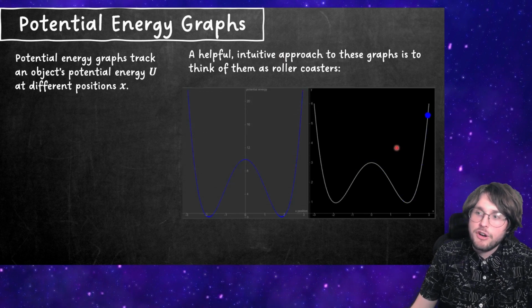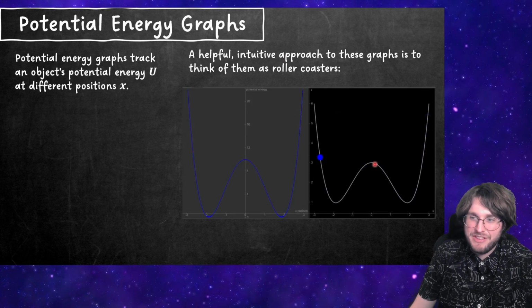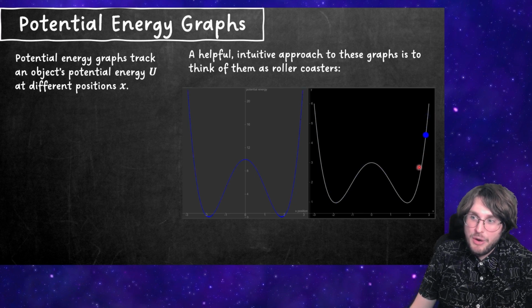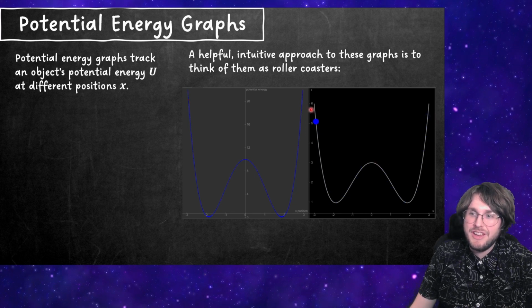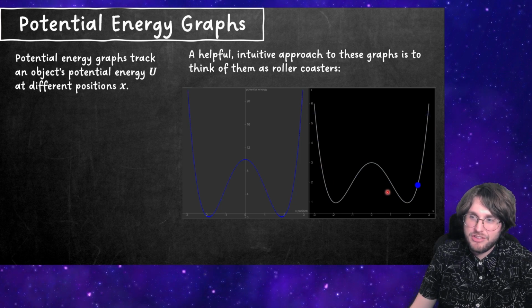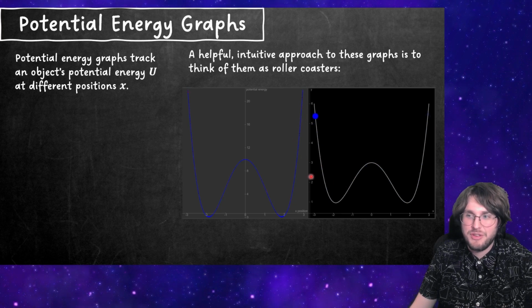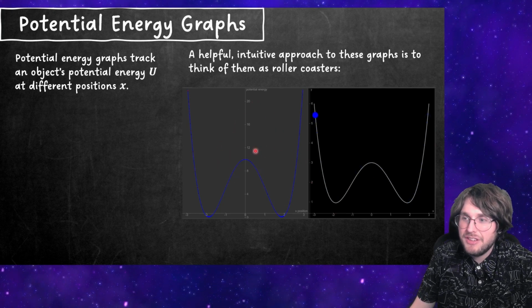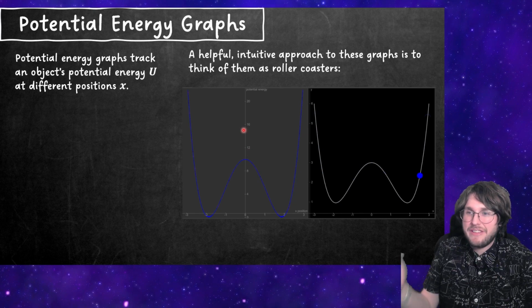So I took this GIF here from the lovely website, My Physics Lab. What I have here on the right is what's physically going on. We have a marble that's moving on a track, so to speak, between 2 points. And notice there's no friction here, so it's just allowed to keep going. Now, interestingly, over here on the left, we're mirroring that animation.